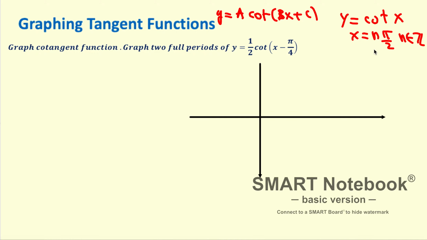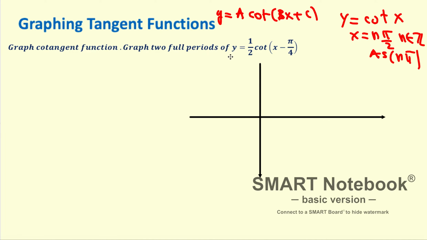Also, the asymptotes are going to be n pi. So those are some critical points that we can say for the parent function cotangent x.